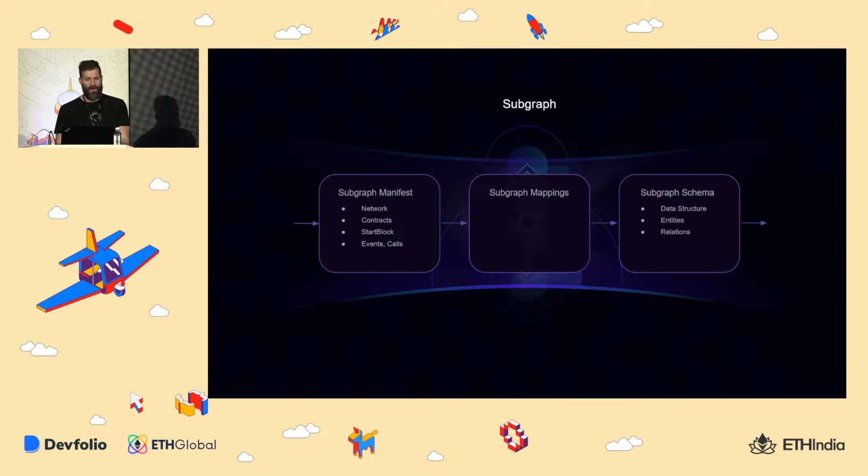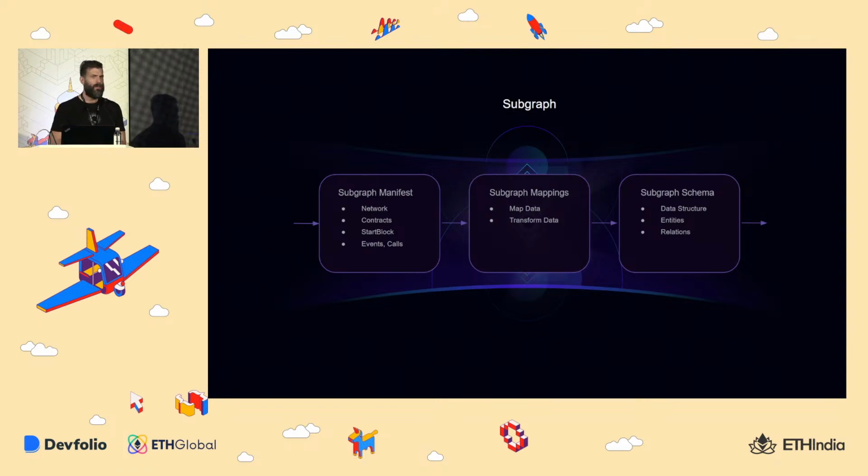And then the meat of the code is in the subgraph mappings. That's where you take the data that you get from the events and the calls, and you map it over to entities in your schema. And it's in the mappings that you also do all the transformation or aggregation of data.